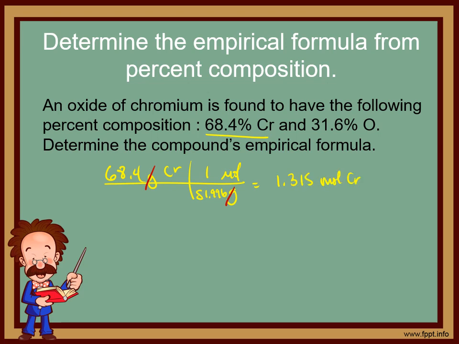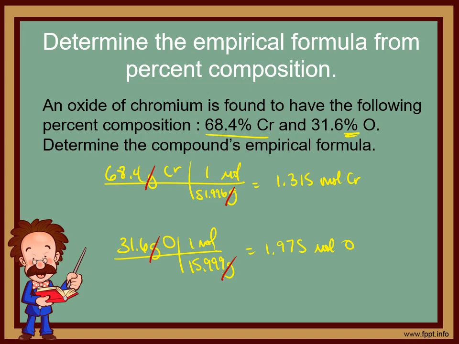Moles of chromium. Let's do the same thing for oxygen. I've got 31.6 grams of oxygen because I'm just going to turn those percents into grams. Same thing, 15.999 grams per mole. And that's going to give us, calculator says, 31.6 divided by 15.999, 1.975 moles of oxygen.